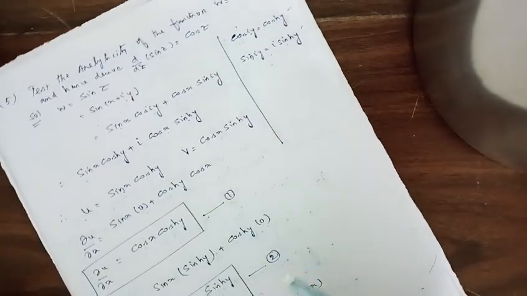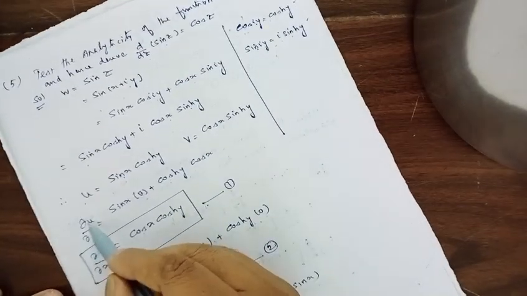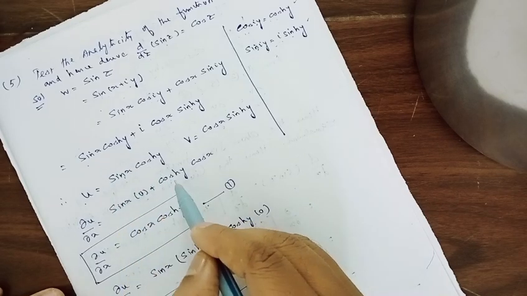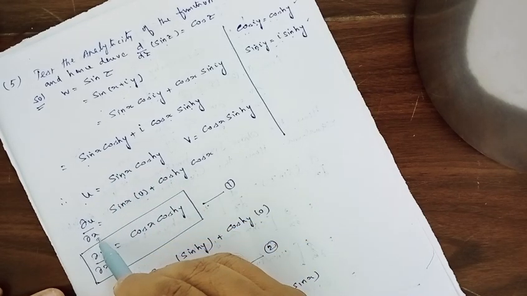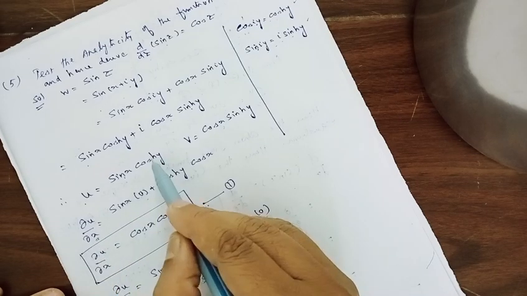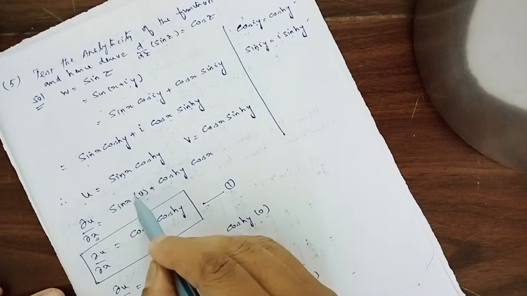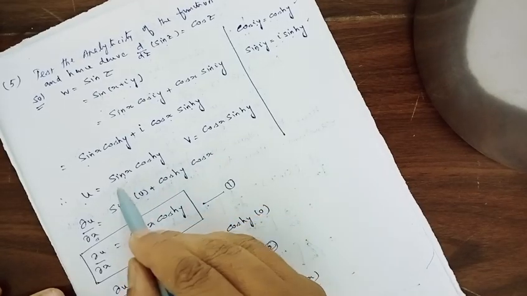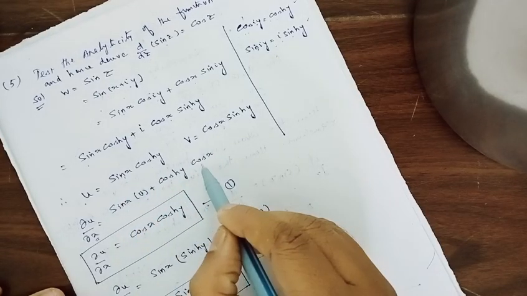Okay. Now, after that it is very easy. Dou u by dou x is equal to first function times d by dx of second. Here we are taking the partial derivative with respect to x, therefore the y term becomes 0. Therefore, sin x into 0 plus the second function cosh y times the derivative of sin x, which is cos x.